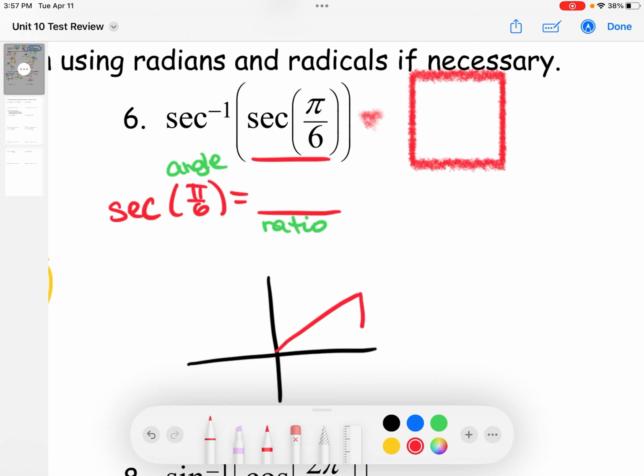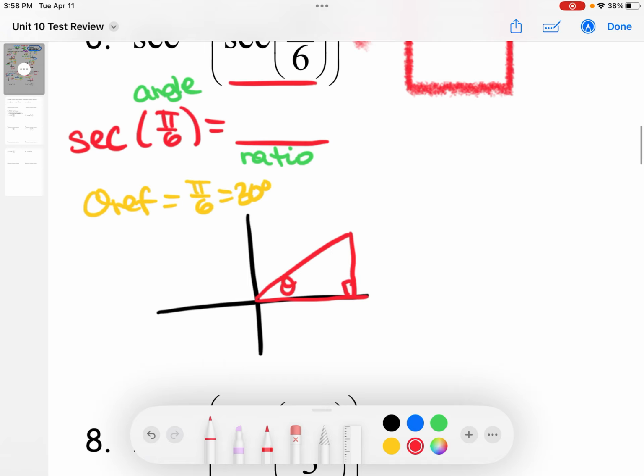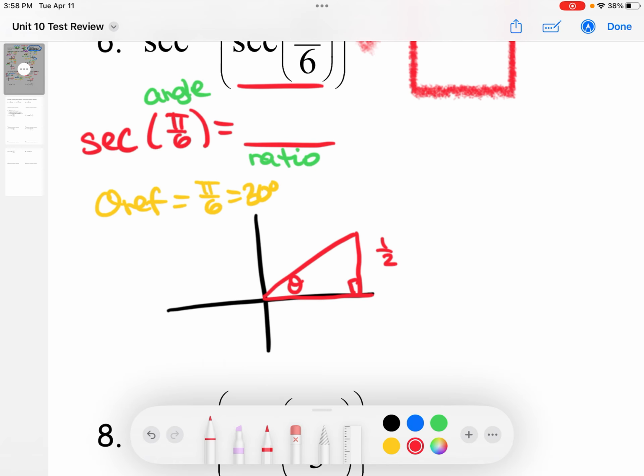Pi over 6 would be here, one leg on the x-axis, theta at the vertex at 0, 0. Now, the reference angle here being pi over 6 is 30 degrees. It's a 30, 60, 90 triangle. So across from the 30-degree angle, we label 1/2. Across from the other angle would be square root 3 over 2. That hypotenuse is 1. So we're looking for the ratio for secant.